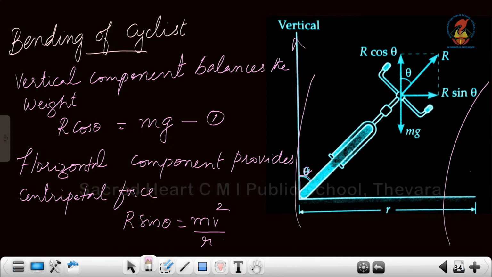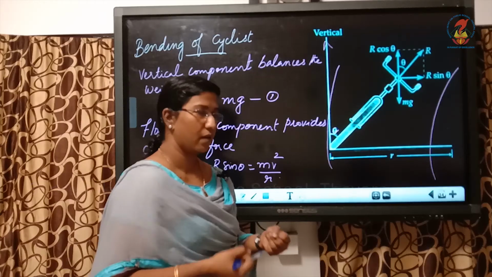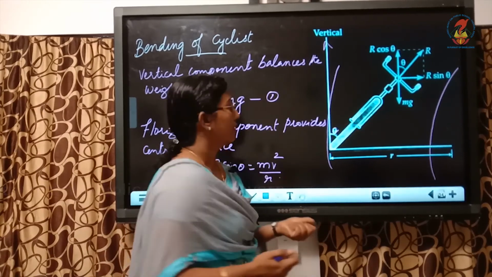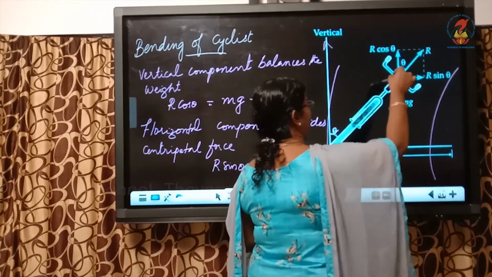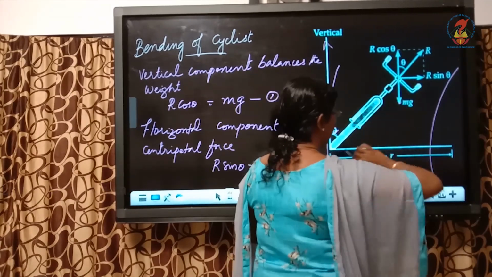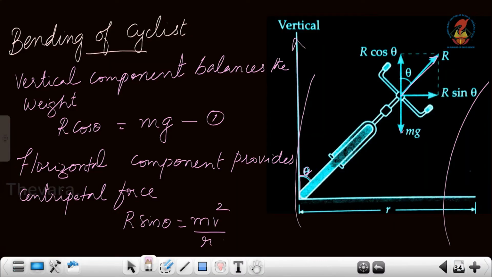Okay, so what happens is that whatever weight I am feeling, the normal reaction I am feeling is through the handle. So weight of the cycle will be acting downwards, and the normal reaction, since it is tilted and bended, will be making an angle theta with the vertical.